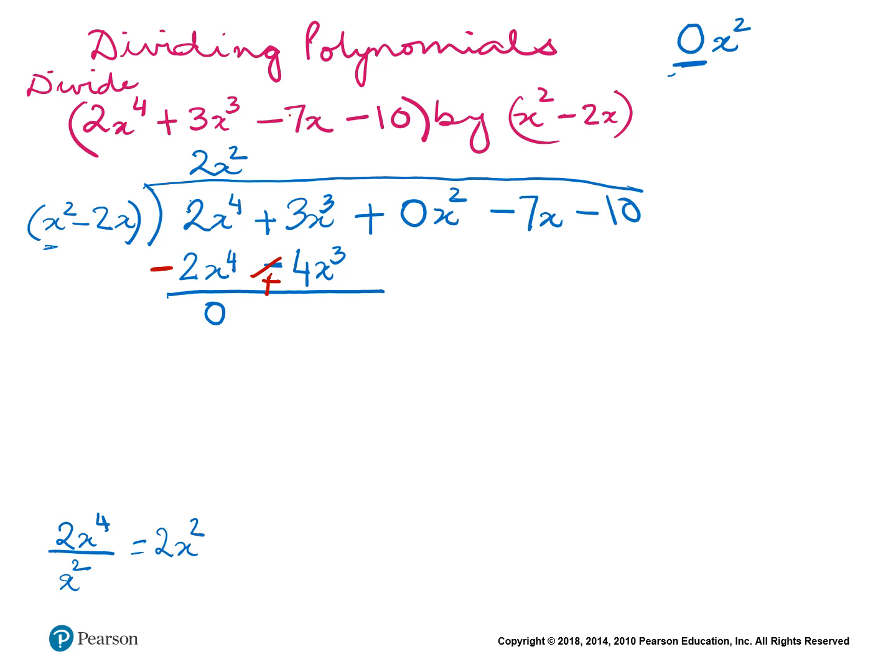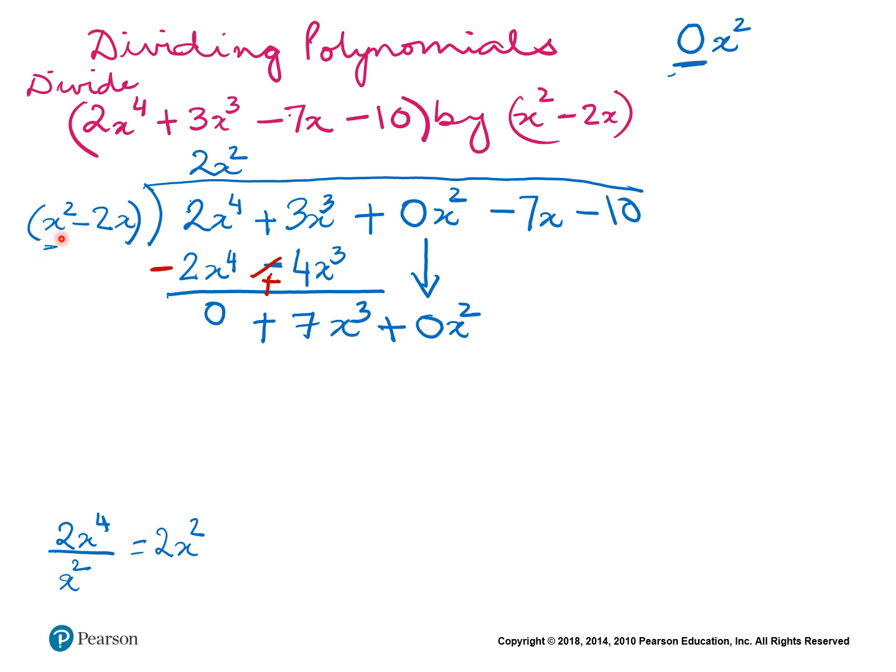That's the goal in performing the long division as we go through the steps. And plus 3x cubed plus 4x cubed is plus 7x cubed. Now we bring down the next term, which is plus 0x squared, and we begin the process again.